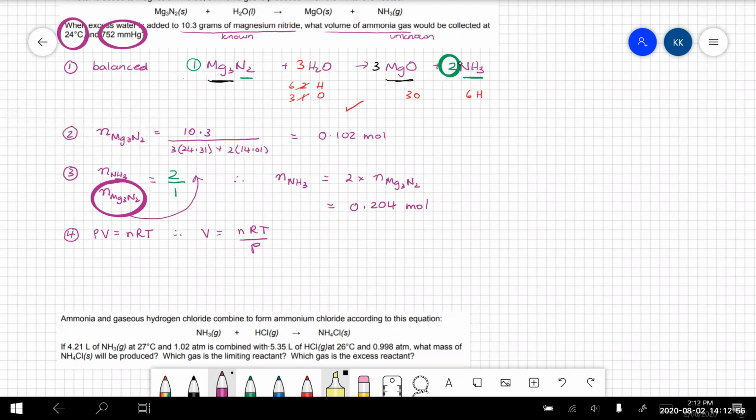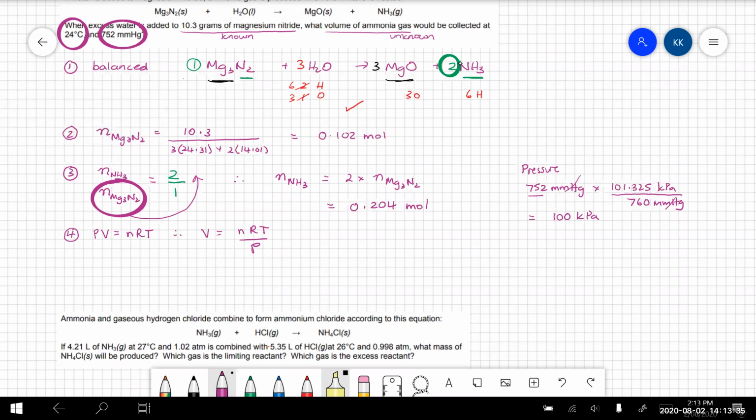So let's convert our pressure. We've got 752 millimeters of mercury, and we want that in kilopascals. So using our multiply by 1 method, cancelling the millimeters of mercury, we end up with 100 kilopascals. 3 significant figures because this is 3 significant figures.